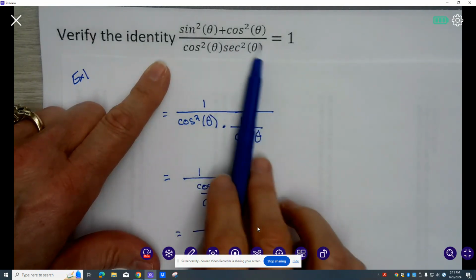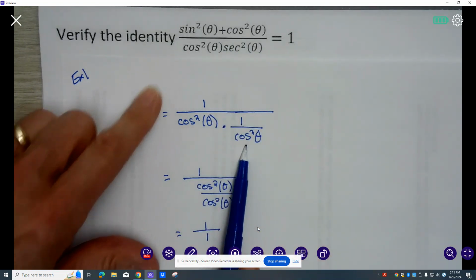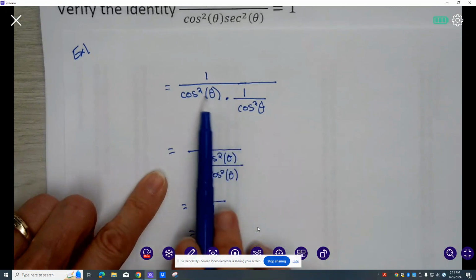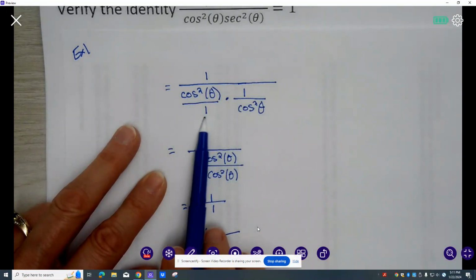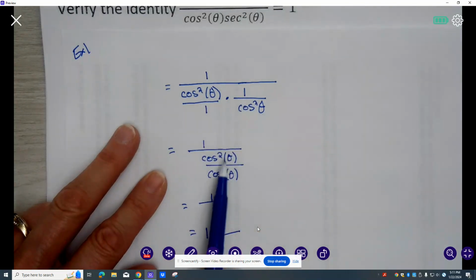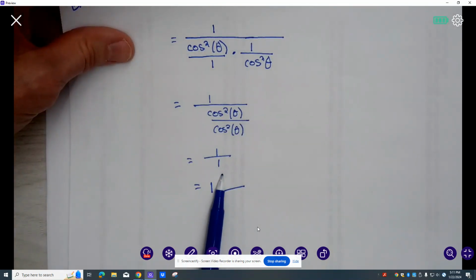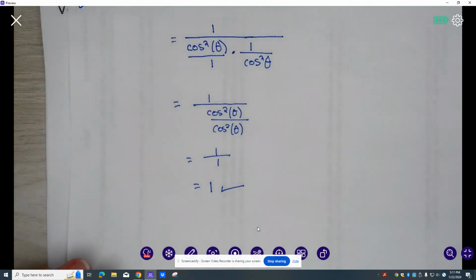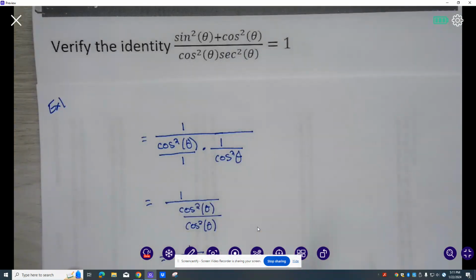Secant squared, I can write as 1 over cosine squared. Keep going. If I multiply these two right here, this is like cosine squared over 1 over cosine squared. So I end up with cosine squared over cosine squared. If I'm dividing two things that are the same, I get 1. So I get 1 over 1, which is what I set out trying to verify, that all of this was equal to 1.